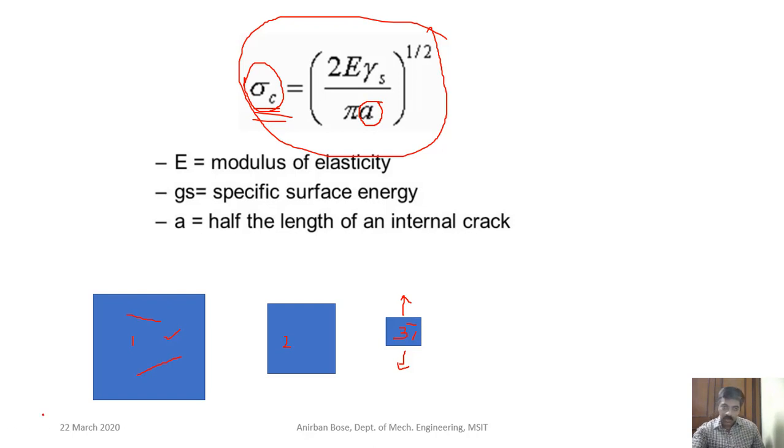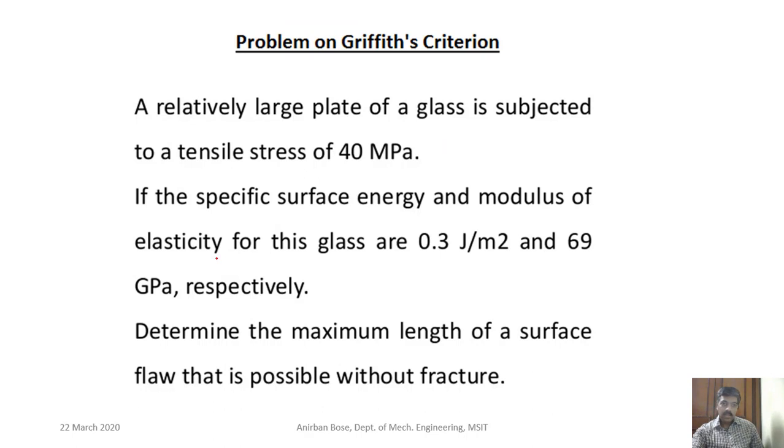So now let's solve one problem. It's a very simple one. A relatively large plate of glass is subjected to a tensile stress of 40 megapascal. So sigma is given as 40 megapascal. The specific surface energy and modulus of elasticity are given.